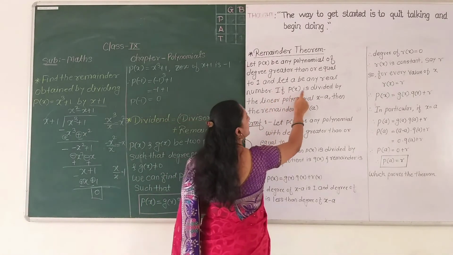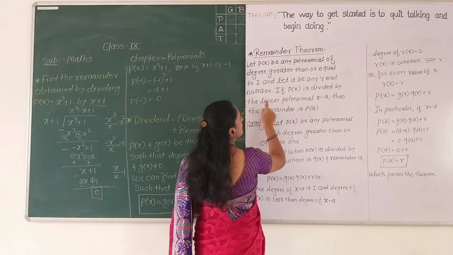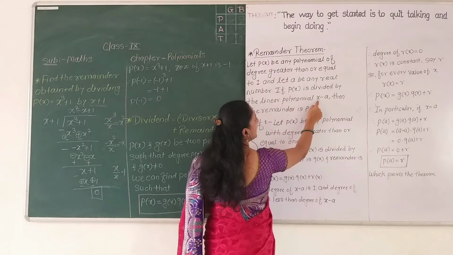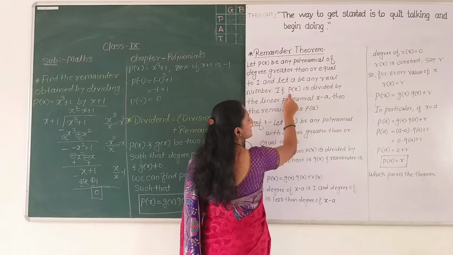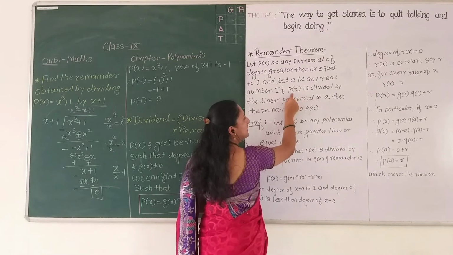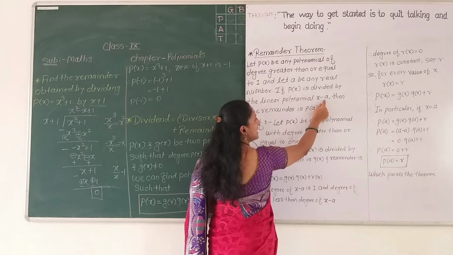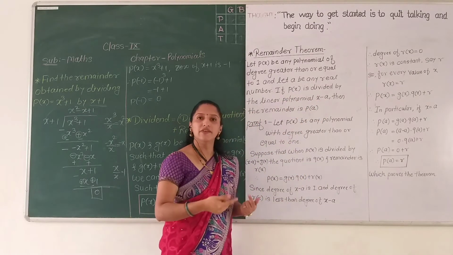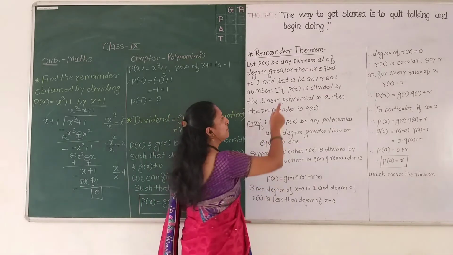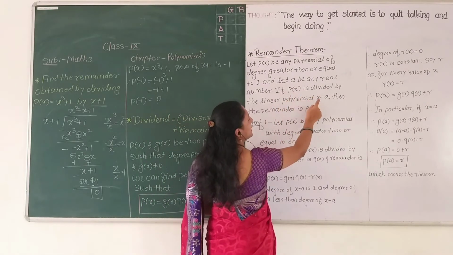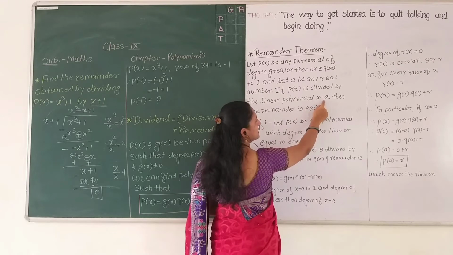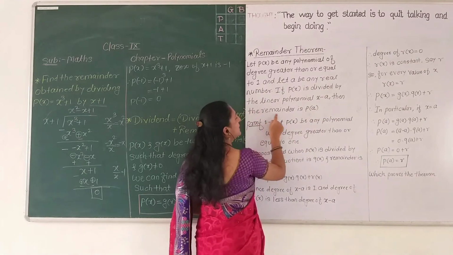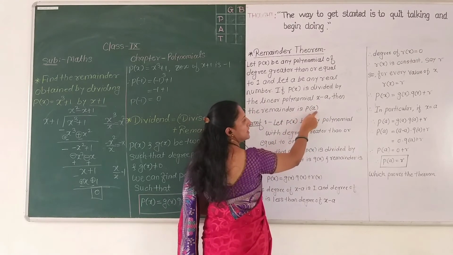If P of x is divided by the linear polynomial x minus a, that means P of x is our dividend and x minus a is our divisor, then the remainder is P of a.